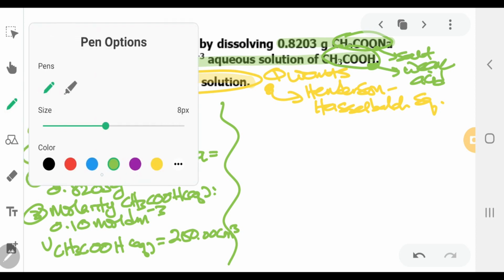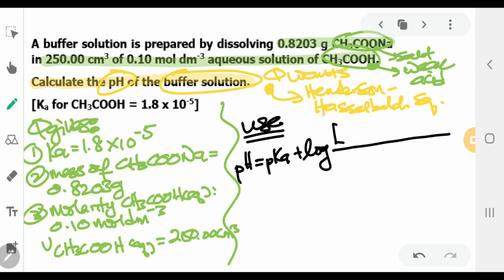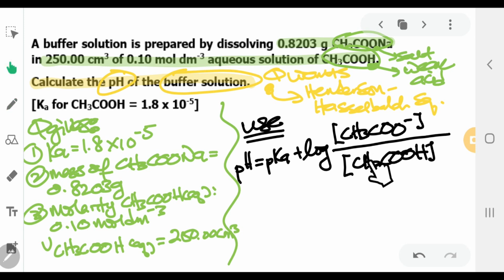Do remember that we need to use the Henderson-Hasselbalch equation. So we need to use pH equals pKa plus log. We're going to have the concentration of CH3COO minus over CH3COOH, because this is the weak acid given to you, and therefore the conjugate base for your weak acid will be looking like this.